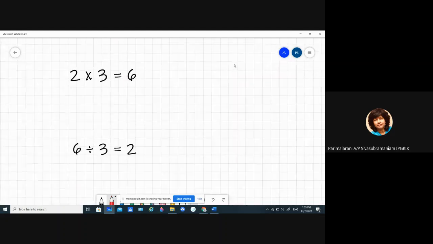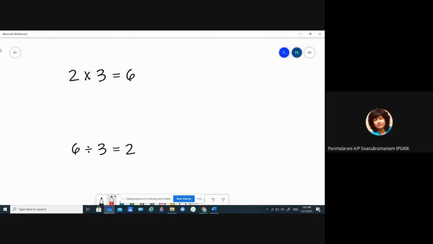For multiplication, this first number here is known as the multiplier. The second number is known as the multiplicand. And the answer is known as the product. Multiplier, multiplicand, and product. Or these two numbers can also be known as the factors.